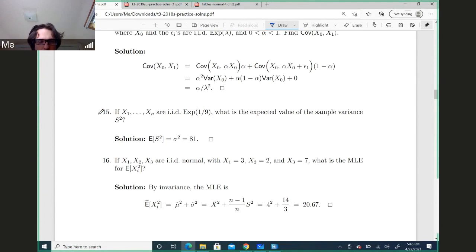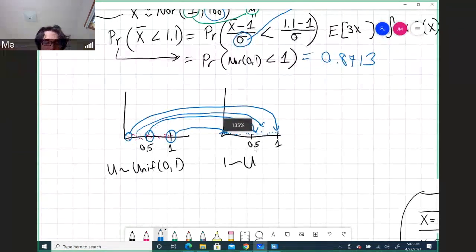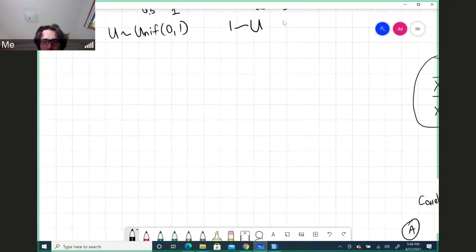Question 15. If x1 through xn are IID exponential with rate 1/9, what is the expected value of the sample variance s squared? Okay, cool. This is another big thing that you'll most likely see on the test in one way, shape, or form.